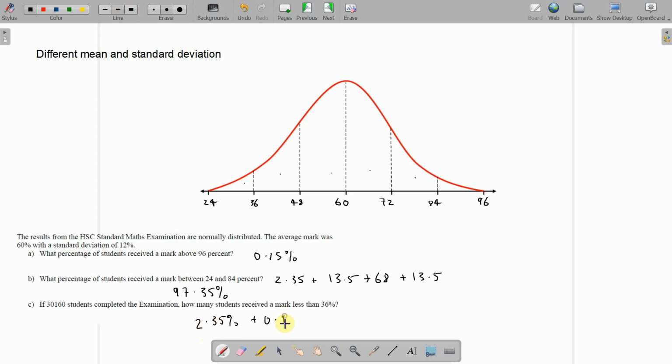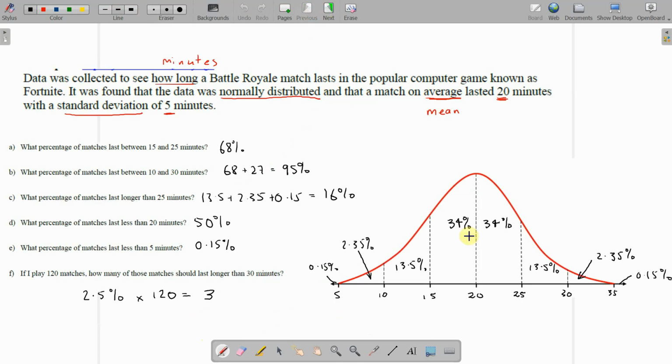Yep, plus 0.15 equals 2.5%. Remember that within each of these dotted lines, even though the mean and the standard deviation is different, the percent stays the same for every single question.